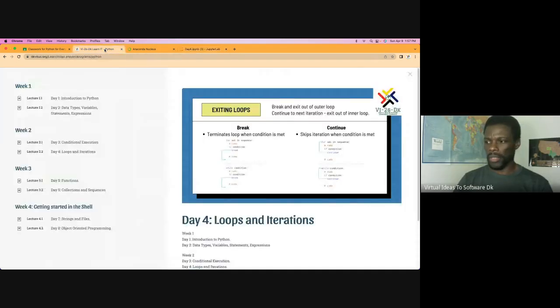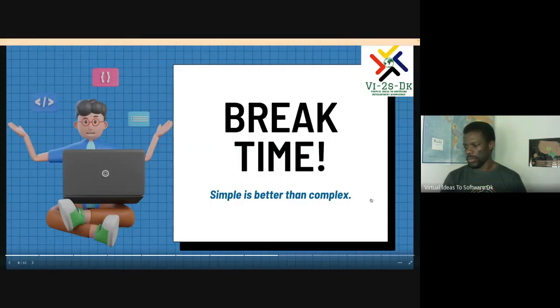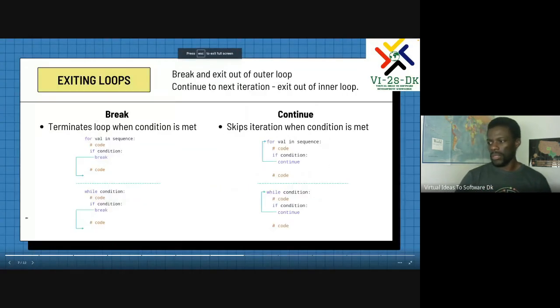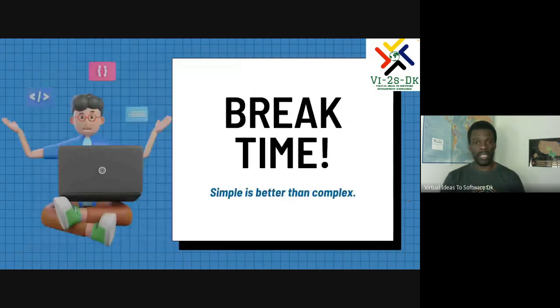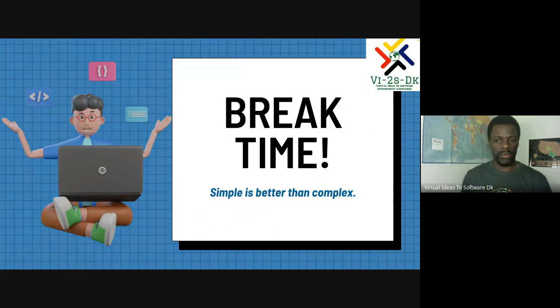Excellent, excellent. Very good question so far. So let's see where we are at. Since we were just talking about continue and break, it's only right that we get to break time. And just as we've been talking about, the first day we did say beautiful is better than ugly. Next we said explicit is better than implicit.